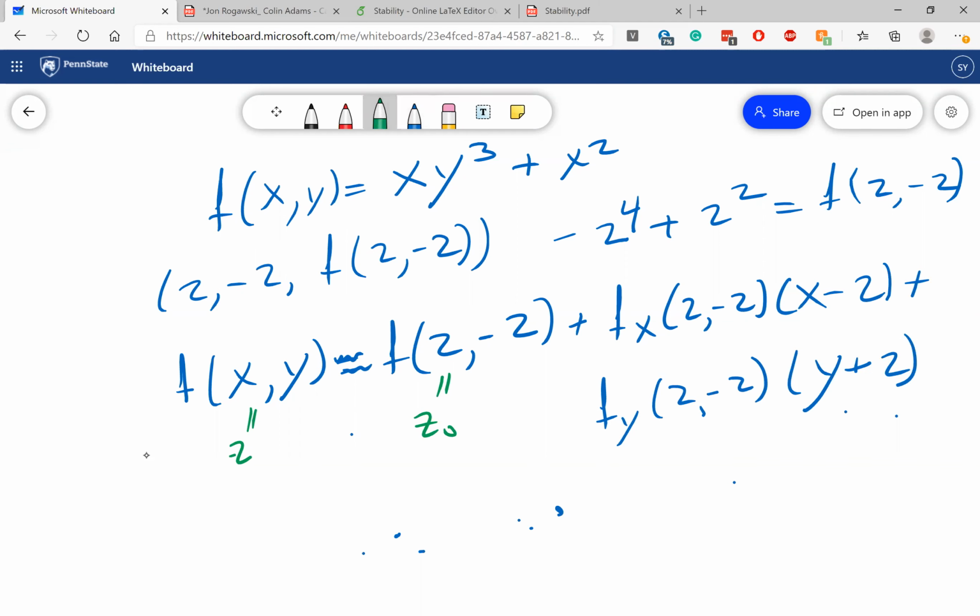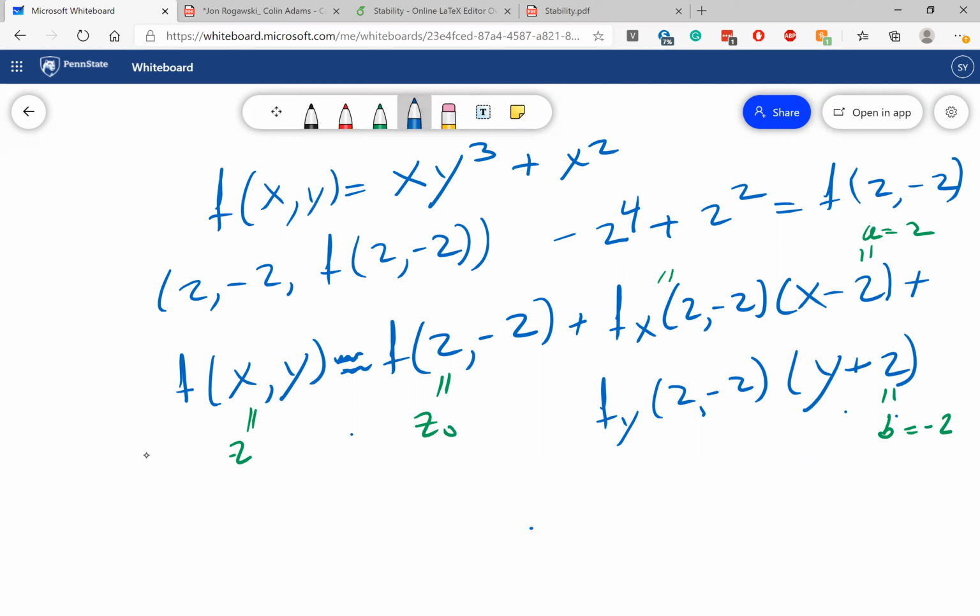Here a is equal to 2 and b is equal to -2. So we need to figure out what these partial derivatives are.